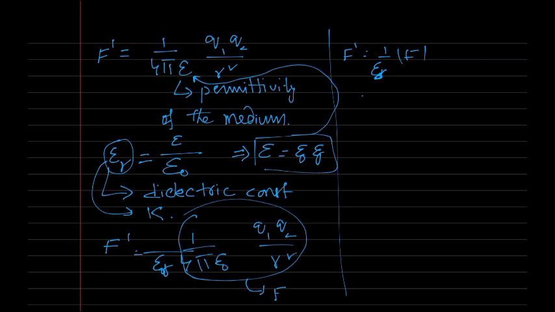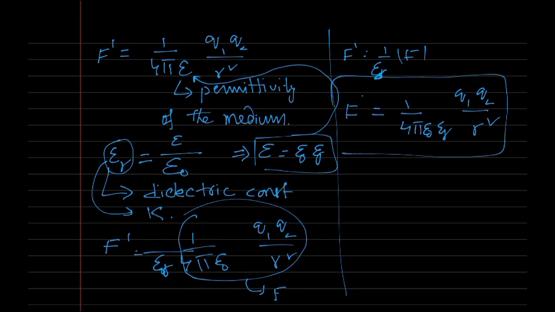So the final expression for the electrostatic force is 1 by 4 pi epsilon naught into epsilon r, q1 q2 by r square. This is the ultimate expression for the electrostatic force between the two charges when they are placed in some other medium of dielectric constant epsilon r.